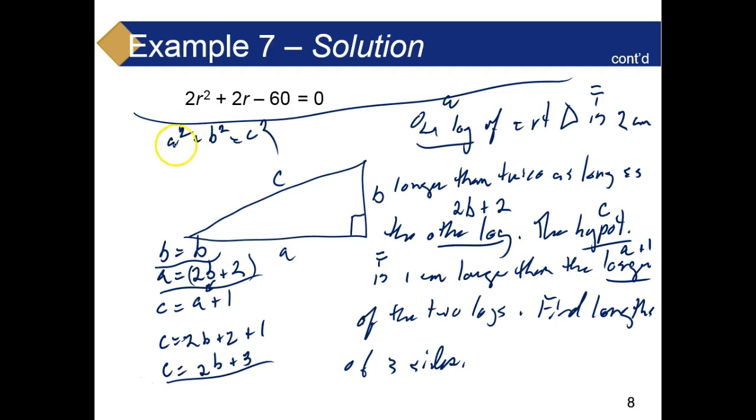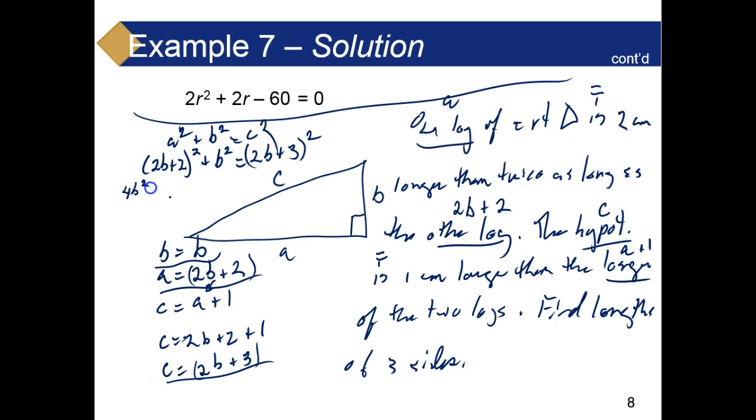So A is 2B plus 2 squared, plus B squared, equals C, which is 2B plus 3 squared. Now we have one equation, one variable. We just got to deal with it. I'm kind of running out of room here, so let's clean up the best we can. What is that first polynomial squared, binomial squared? What does that give us?